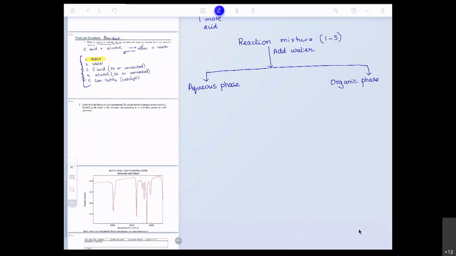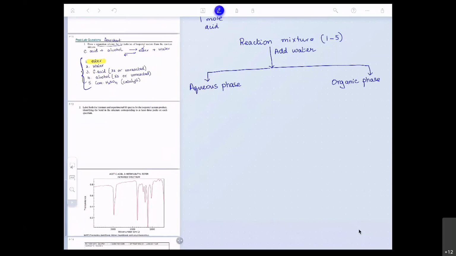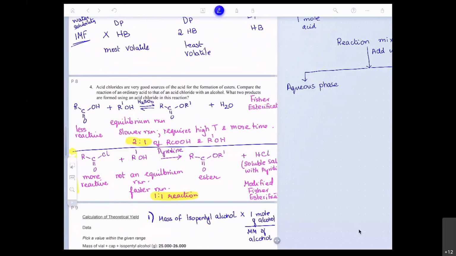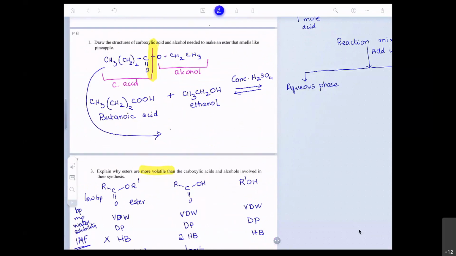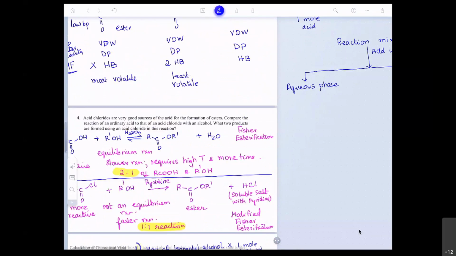Now, in the aqueous phase, take a look at what all can mix. Your alcohol is not going to dissolve in water. If you're wondering why, go back to the structure of the alcohol here. This is a little bit like ethanol. All of it is not going to dissolve, but some of it will. Your carboxylic acid has 4 carbons, so some of it can dissolve, but not all of it.